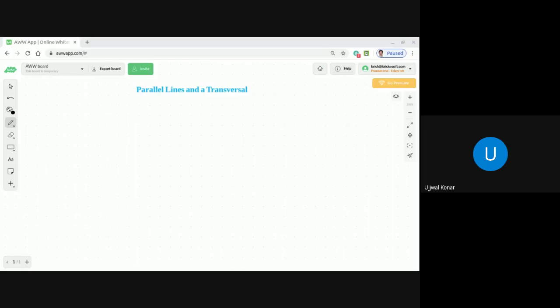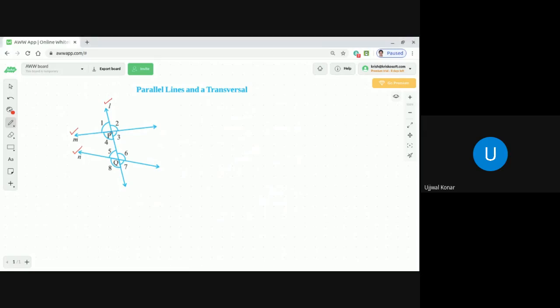If I show you an example by means of a diagram, if you look into this diagram, line L intersects the lines M and N, one is M and another is N, at points P and Q respectively.